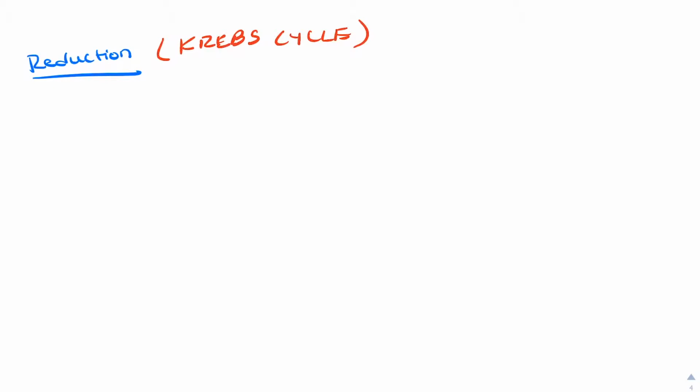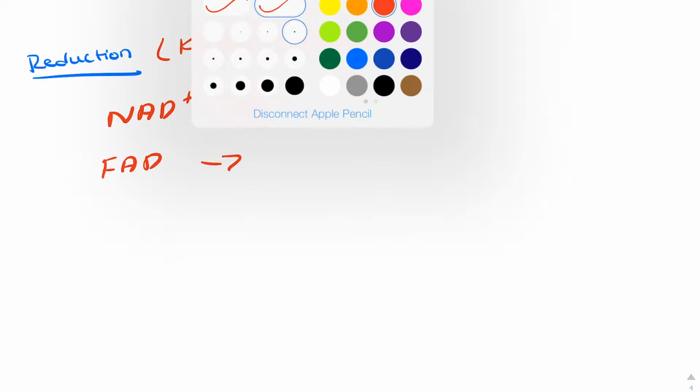Now, reduction occurs in the Krebs cycle. In the Krebs cycle, you are going from those end products of the electron transport chain, like your NAD positive and your FAD, and they are being reduced. Let's put in a different color.